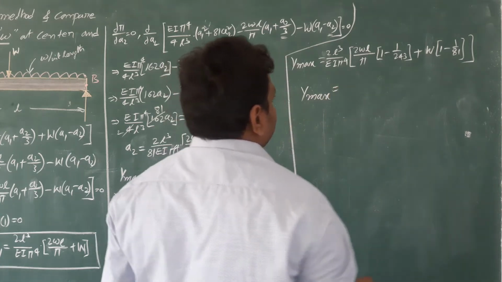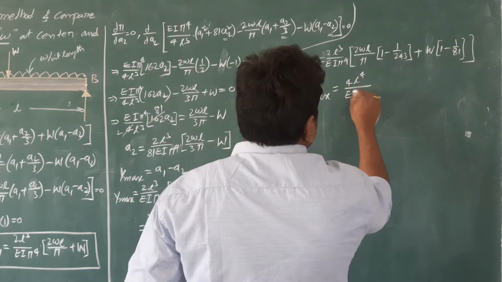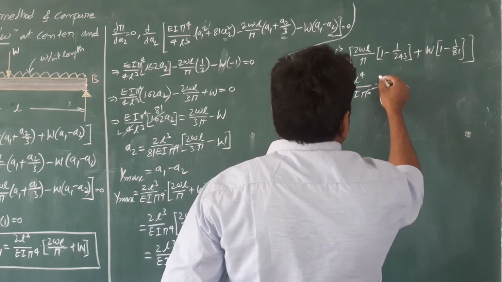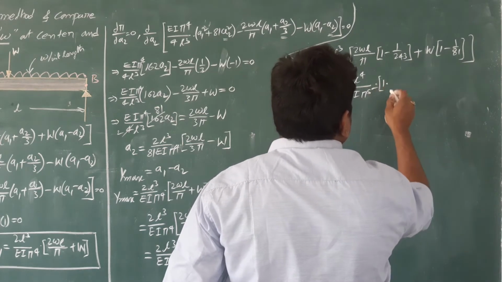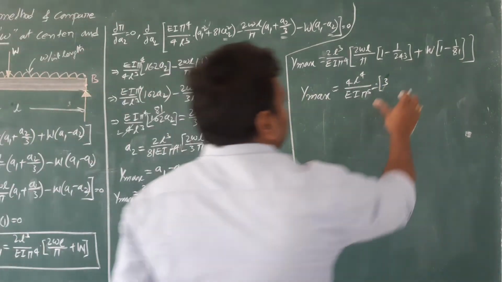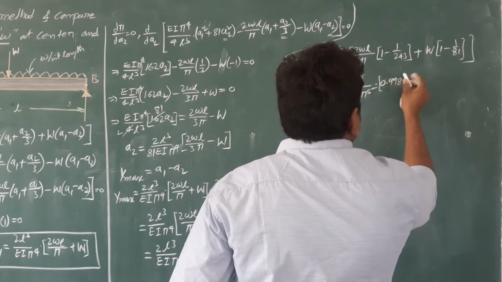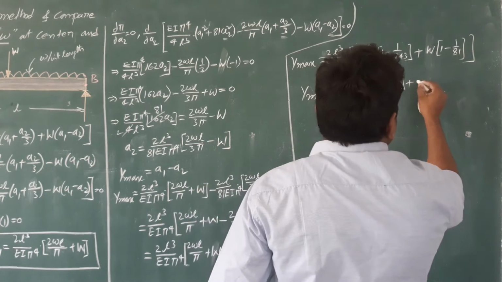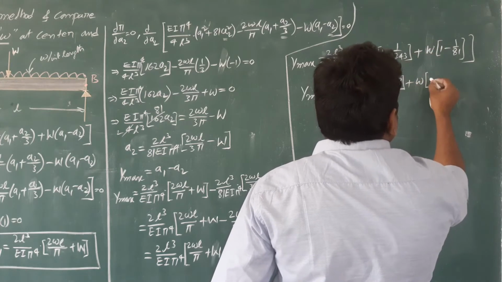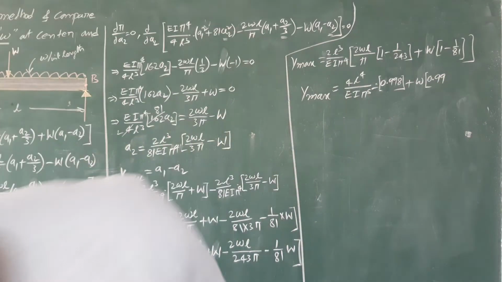It is equal to first 4L power 4 divided by EI pi power 4 into 0.998 something, W into 0.9999 something.